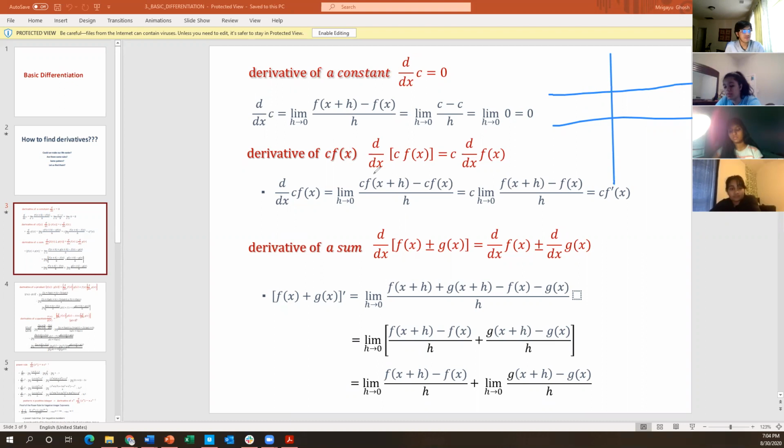If I have d over dx of c f of x, I can just pull that constant out, because essentially it's a multiplier, and that multiplier isn't changing over time. So if I had 5x squared, I can think of the 5 separately and just take the derivative of x squared, which is 2x.